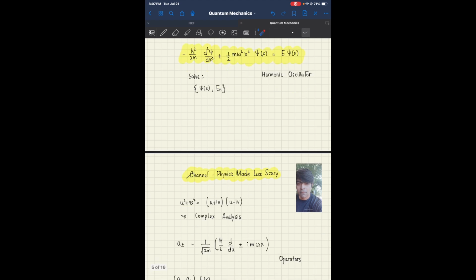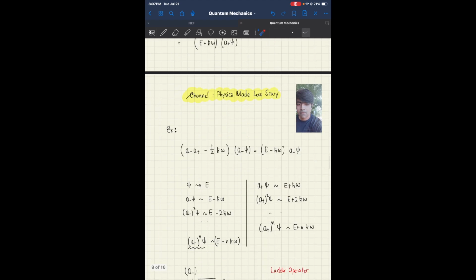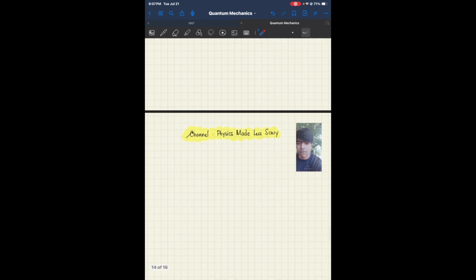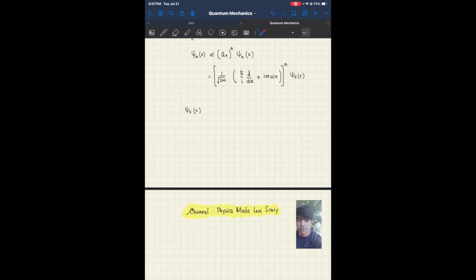Well, that's easy to figure out, right? Because it's just the solution of the Schrodinger equation with that psi 0. So let's do it. Let's try and figure out what your E0 is.